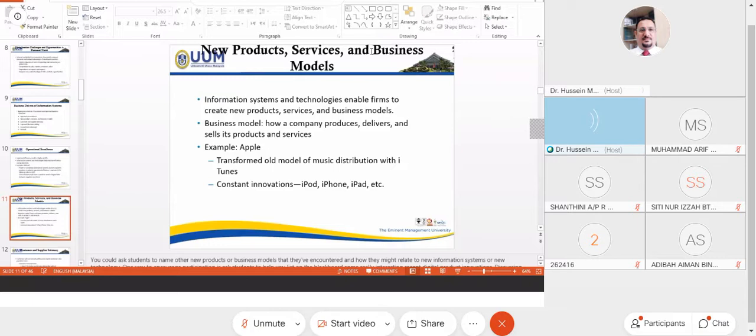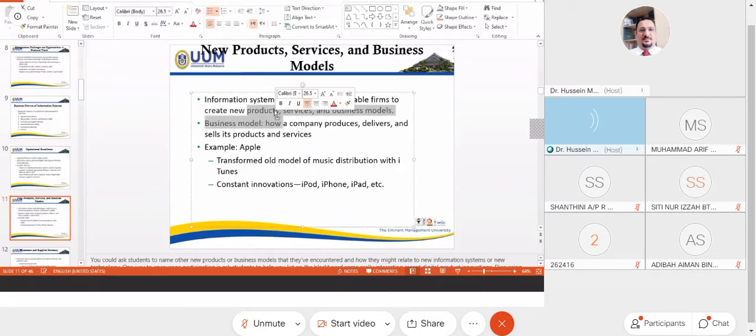A simple model because of the need: lockdown, cannot move. So what do companies do? They create a new business model to run their business and to deliver to your door. So information system and technologies enable firms to create new products.